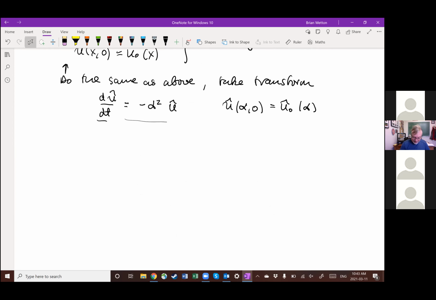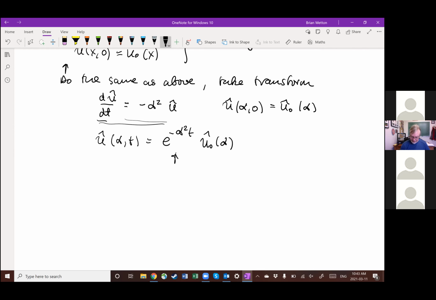And I'm going to get the same kind of story. This is just negative exponential dependence. So it's going to be e to the minus alpha squared t times u naught hat of alpha.